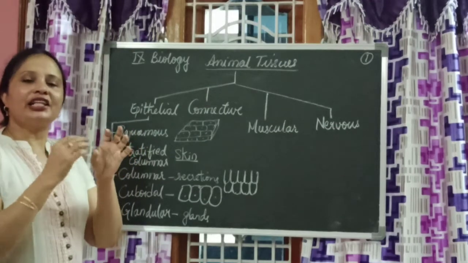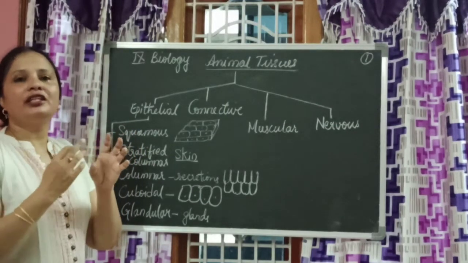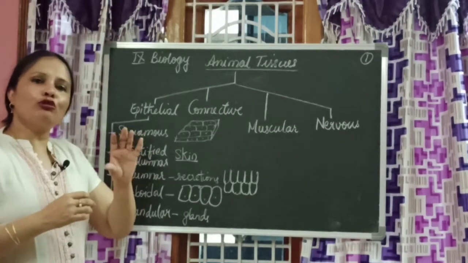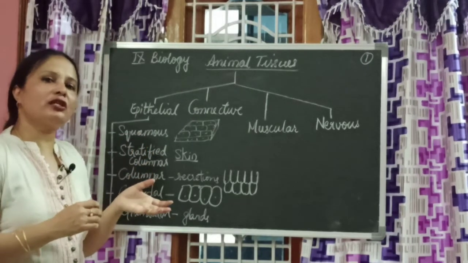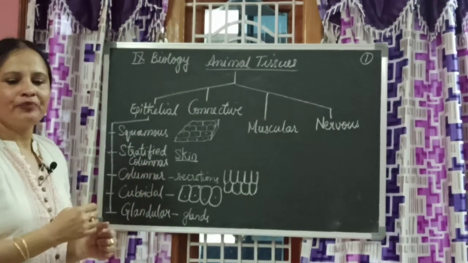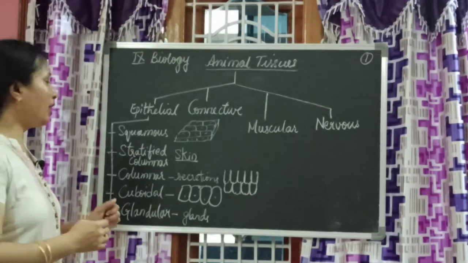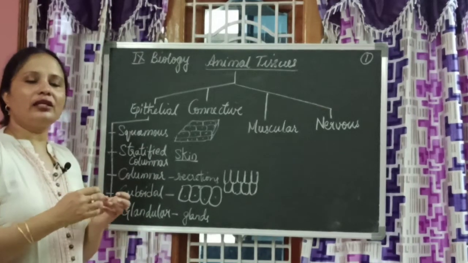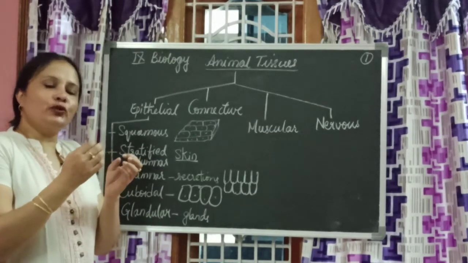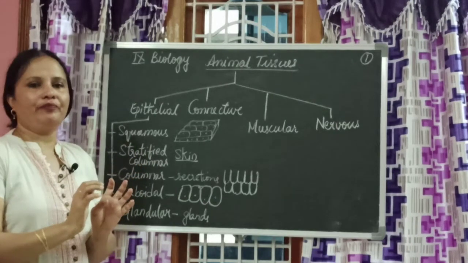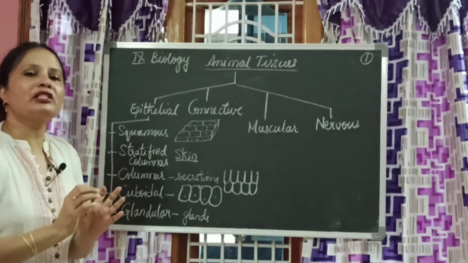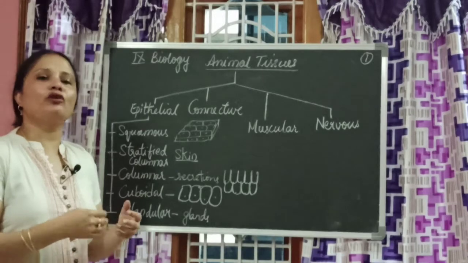Cuboid means the three-dimensional rectangular shape. And what is the major function of it? It is for support. And then comes glandular. Glandular is the epithelial tissue folding into itself. And then it is present usually in almost all the glands.